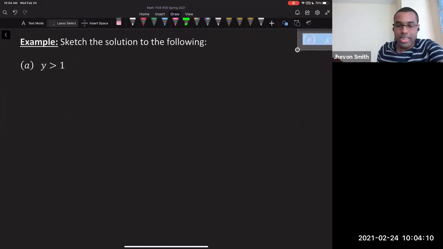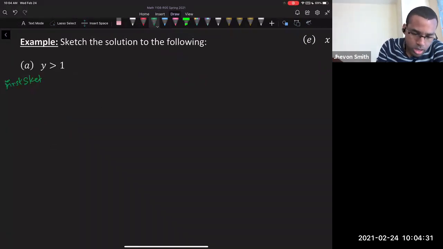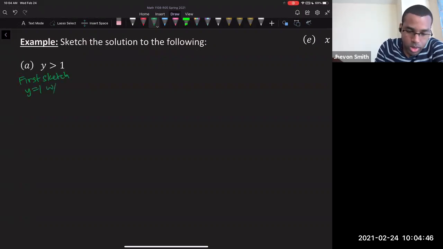So, all right, let's do this. Here's the first example. y is strictly greater than 1. Okay, so let's see what we would do. What we're going to do is first sketch y equals 1, and again, with a broken line.